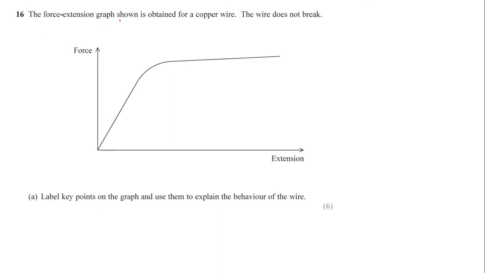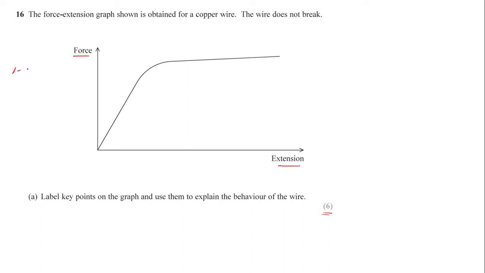The force extension graph shown is obtained for a copper wire. The wire does not break. Label the key points on the graph and use them to explain the behavior of the wire. It is a 6-mark question. So remember, for a force extension graph, there are 3 important points to know.